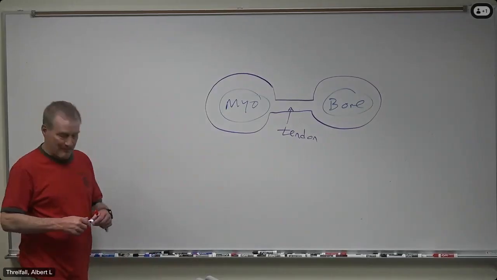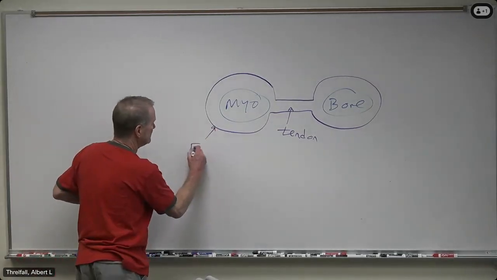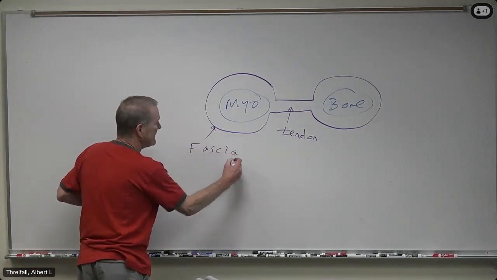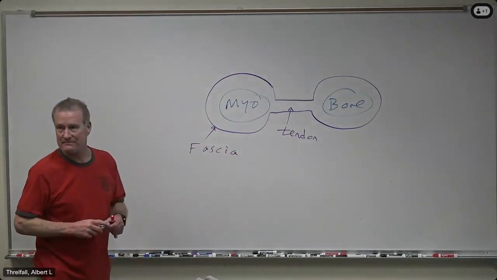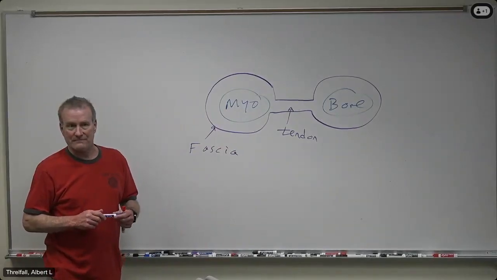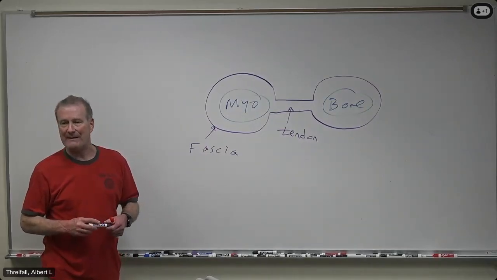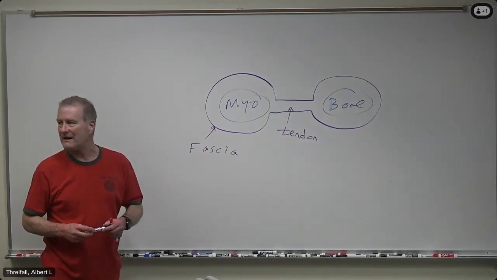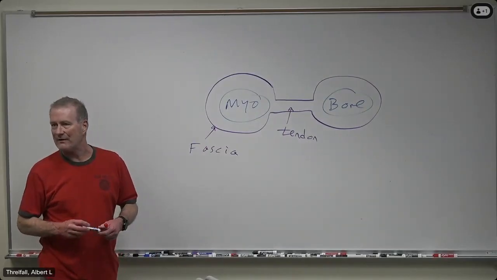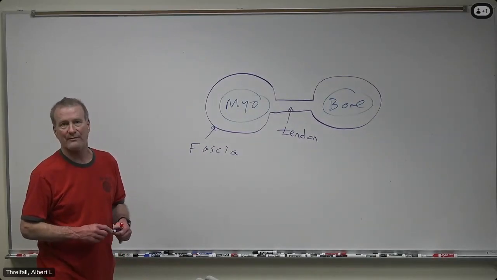This outer boundary of the muscle is the fascia. Now go back in time, please, to the anatomy of a long bone. What's that outer covering of a bone, any bone? We were talking about long bones, but it covers any bone.